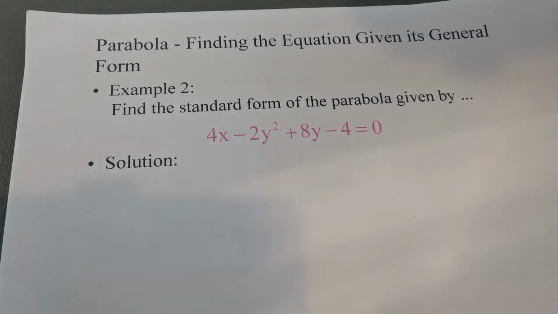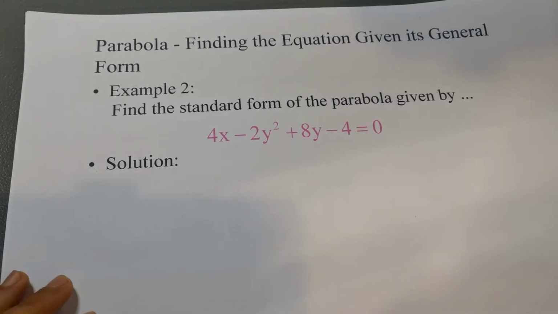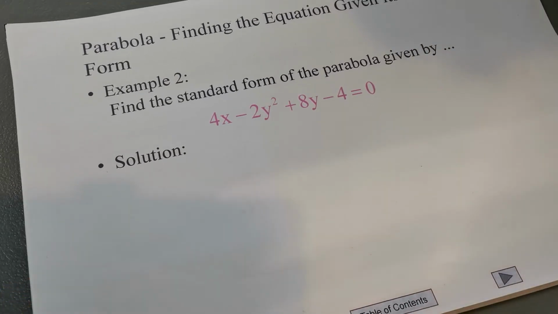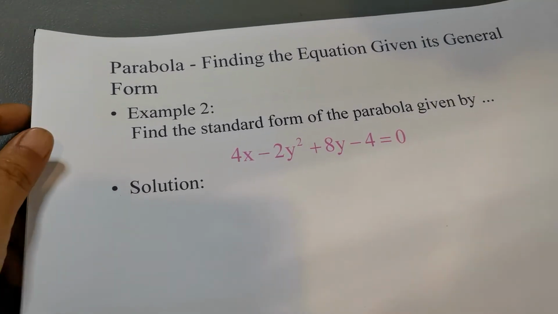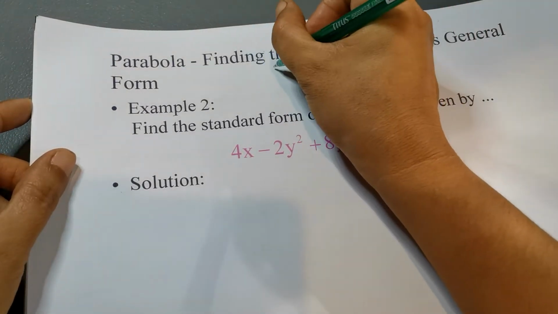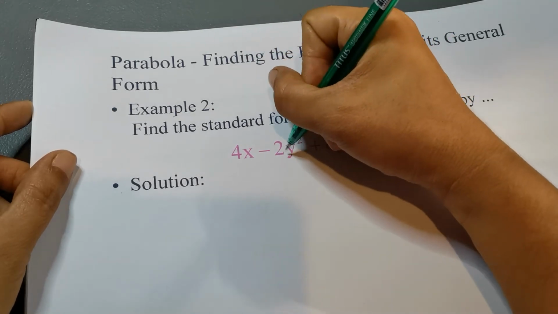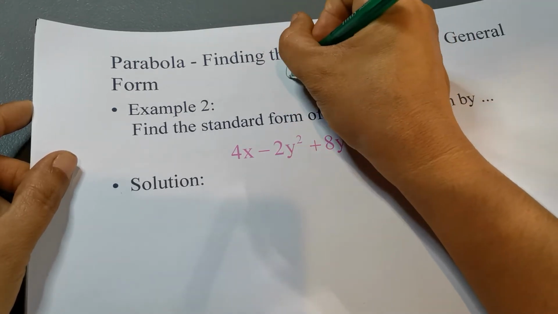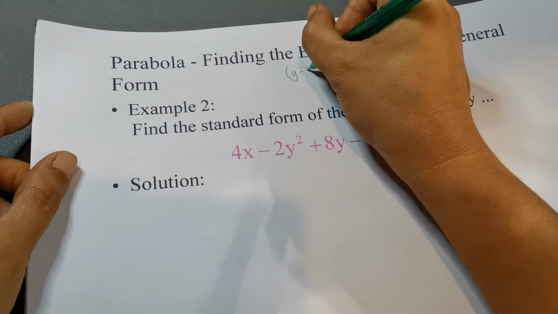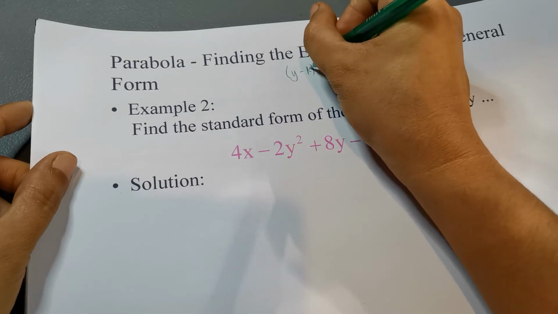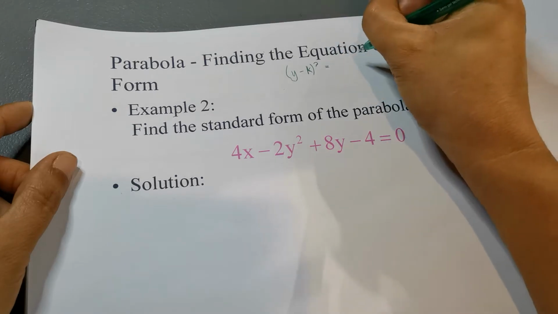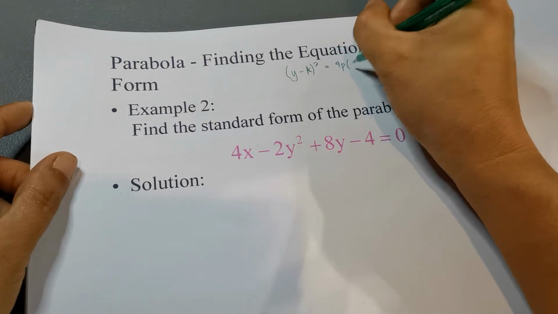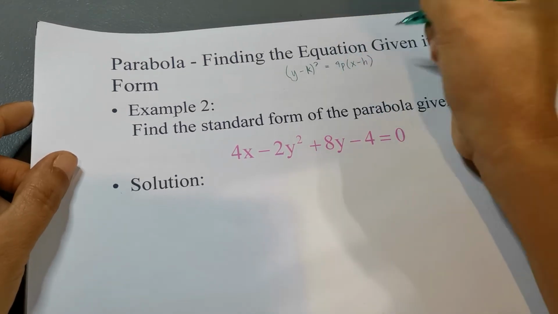So how are we going to do it? Remember that the standard equation of a parabola, this time with y squared, is written in the form y minus k quantity squared equals 4p times x minus h.